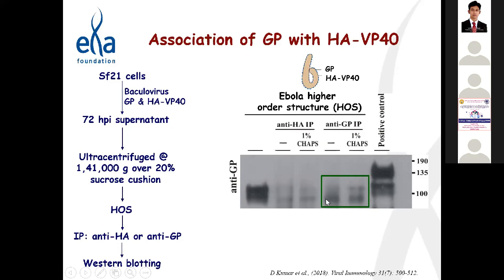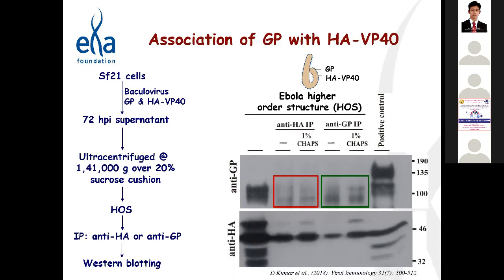This is obvious, but when we did anti-HA immunoprecipitation, we could see the presence of GP here. These are very faint bands, but we can make out that they are associated. So this shows that HA-VP40 is associated with GP. We did the vice versa also.